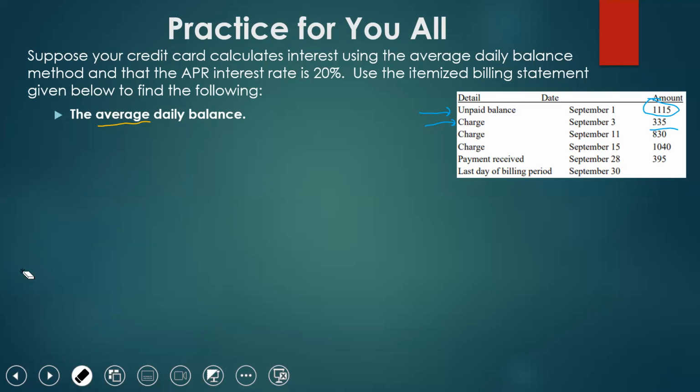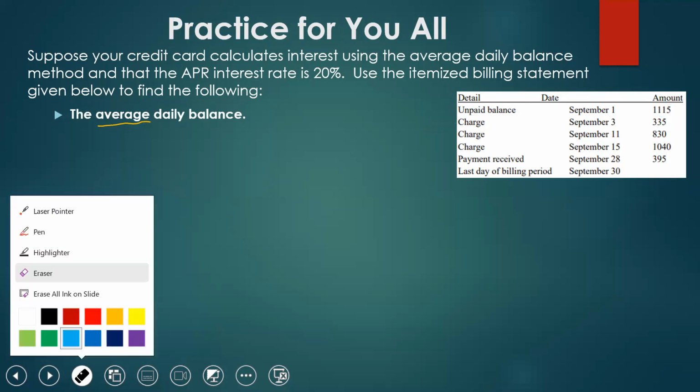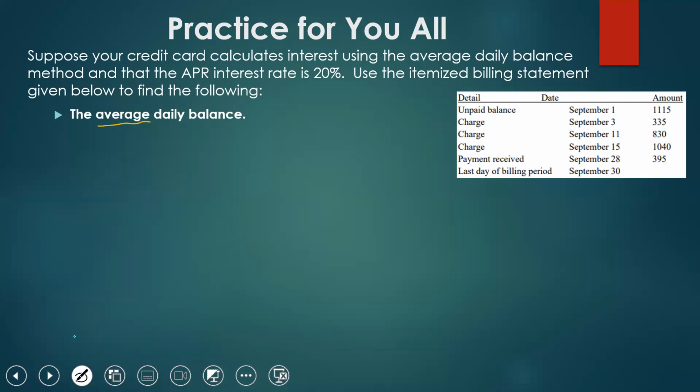Okay. And as we're going through this average daily balance method, one thing I want you to know is that we're not going to write out the balances for all 30 days. For example, I'm not going to start my calculation by doing 1115 plus 1115, since those are the first 2 days.